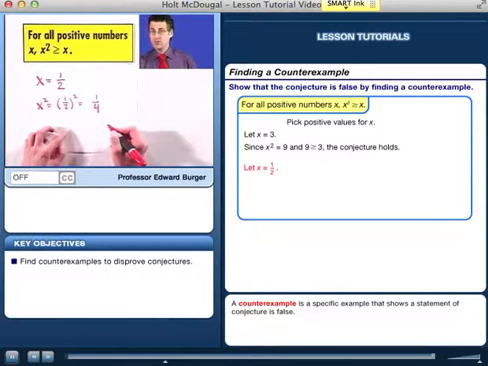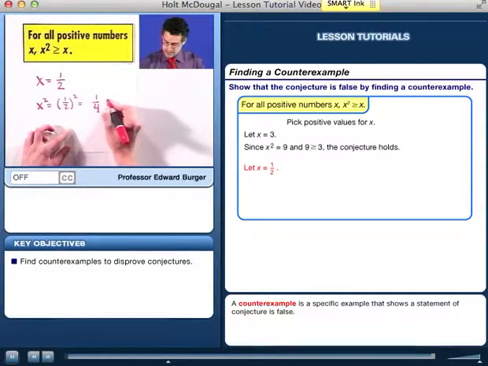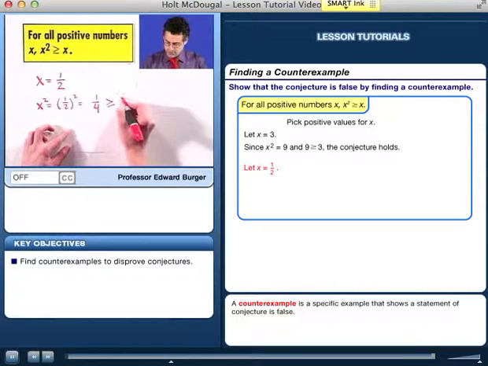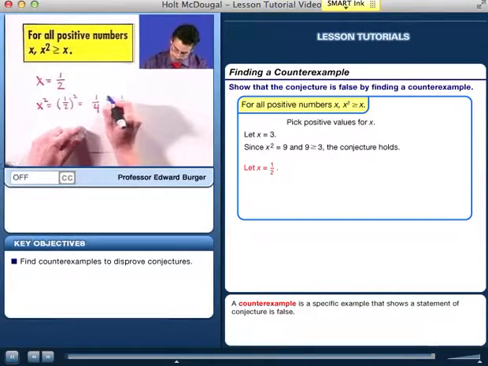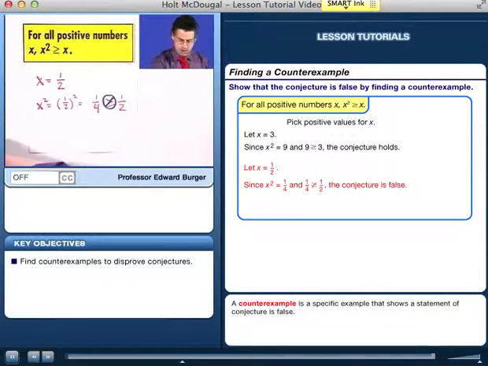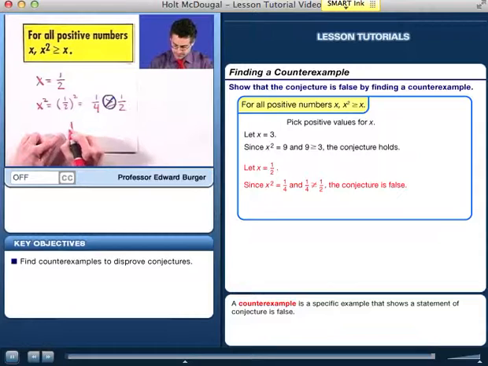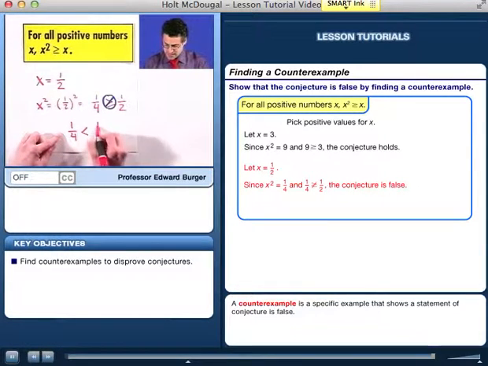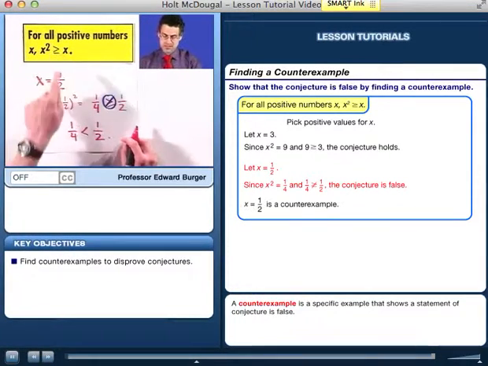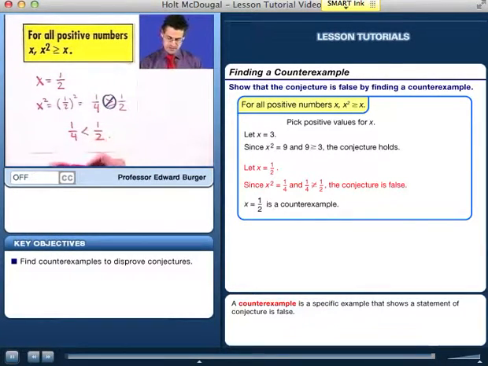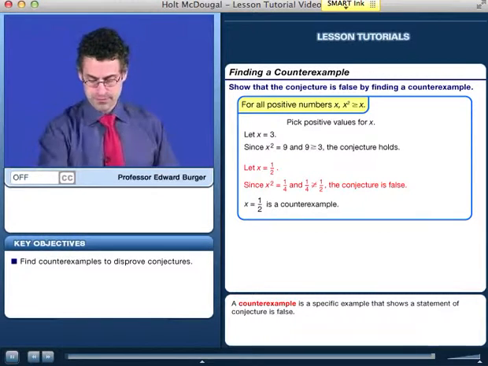And notice that 1/4 is not greater than or equal to 1/2. So that is not true. In fact, we know that 1/4 is less than 1/2, and so x equals 1/2 provides a counterexample for this assertion. This statement is false.